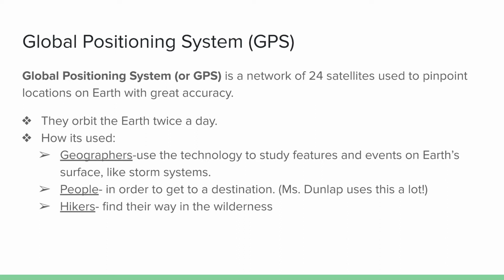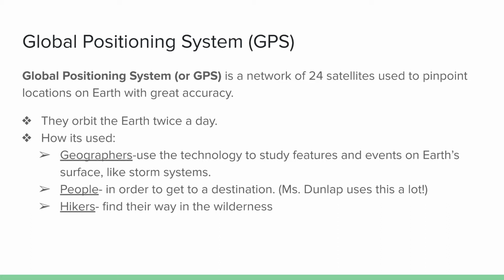There are various ways in which GPS is used by certain groups of people. Geographers use this technology to study features and events on Earth's surface like storm systems. Remember I told you about the hurricanes, or even a tsunami, which are all examples of storm systems that a GPS system might track.